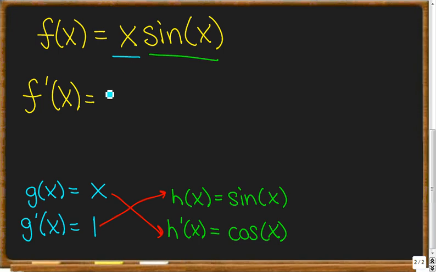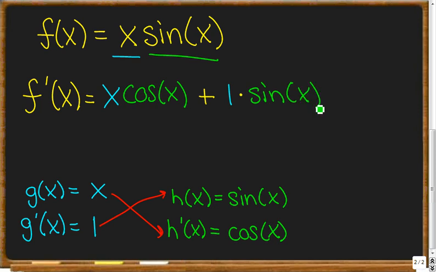We start off, we've got g of x, which is x, and it pairs with h prime of x, which is the cosine of x. We then add the derivative of g of x, or g prime of x, which is 1, and that multiplies by h of x, which is sine of x. Well, we have successfully completed the product rule.